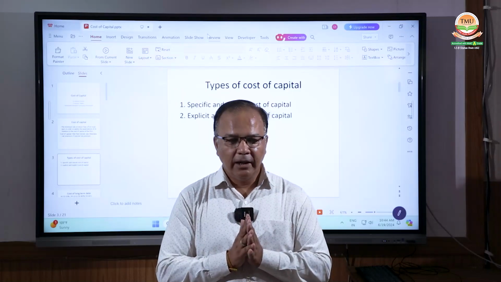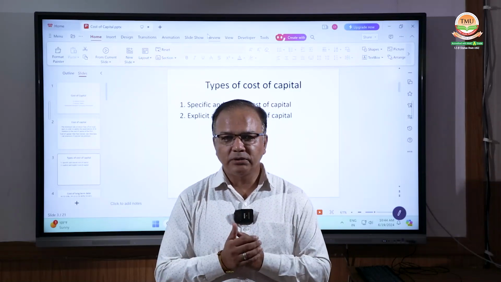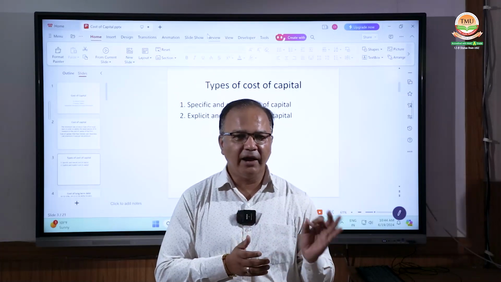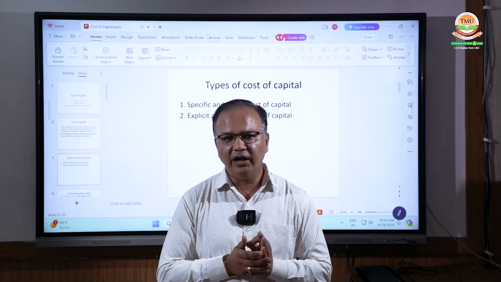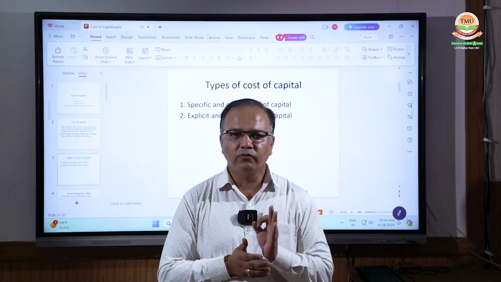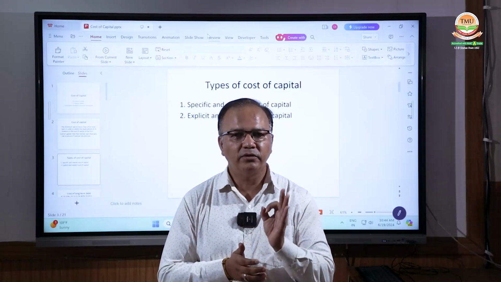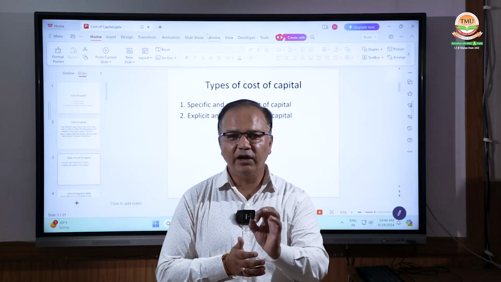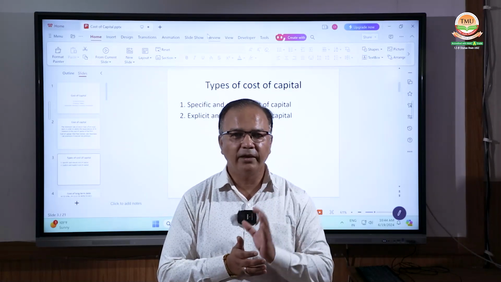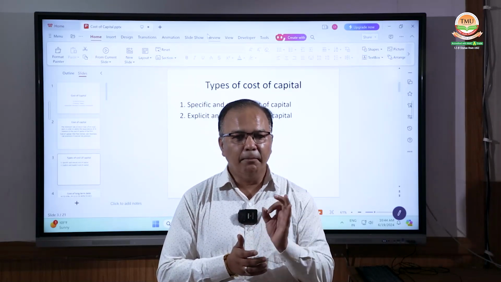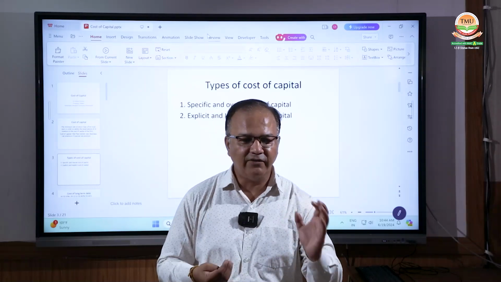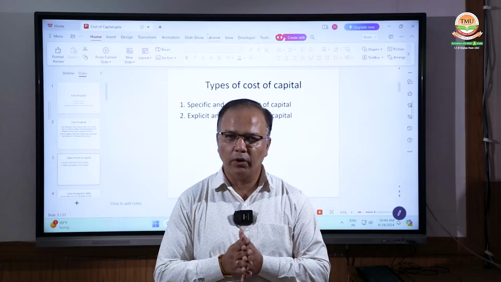For example, if I am not using 2 crore rupees, I would keep them in the bank, and bankers are ready to give me interest at the rate of 7%. This is the risk-free rate of return for me. So it is the minimum rate of return which is required if I want to use these 2 crore rupees of the organization.